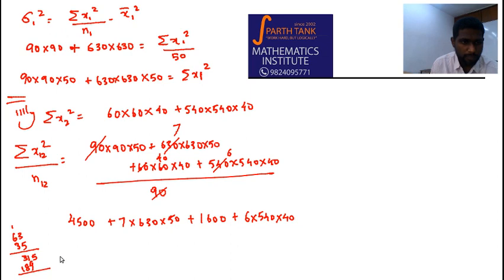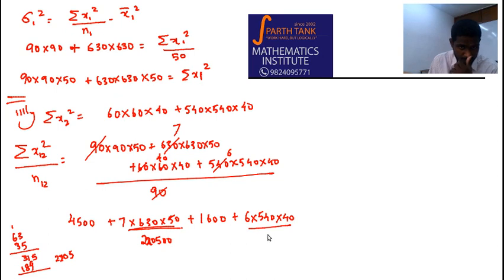So 5, 0, 1 and 2. So this number is 210500. Okay, I hope I am not making any mistakes. This is 105, 210. Oh, sorry, already made it 2205.